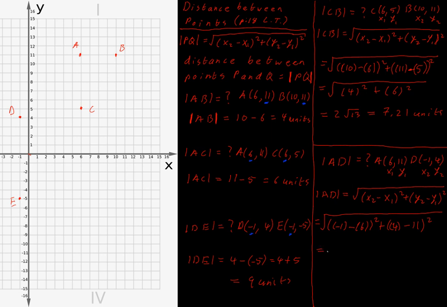We tidy that up a little bit before we put it all into the calculator, to help us not make a mistake. So we have -1 minus 6 is going to be -7 to be squared, and 4 minus 11 is 7, or sorry, -7. And that's in brackets.